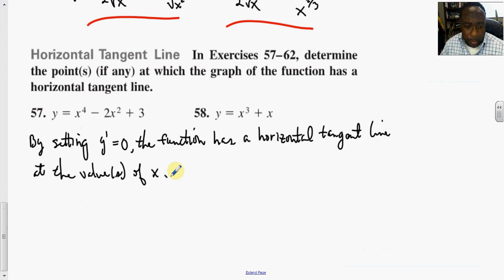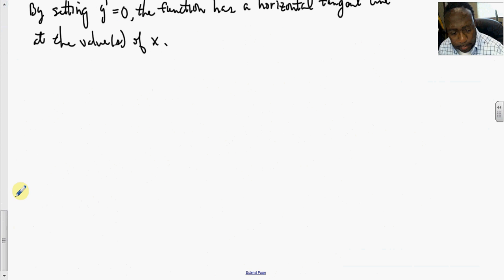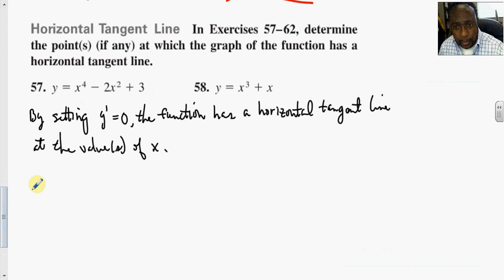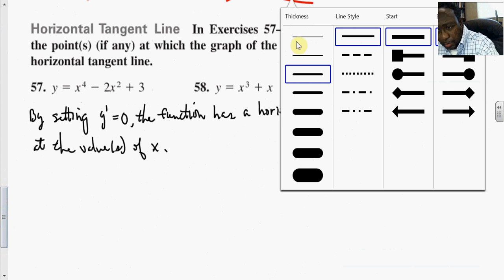Okay. Well, let's see. And maybe I can just graphically show you.